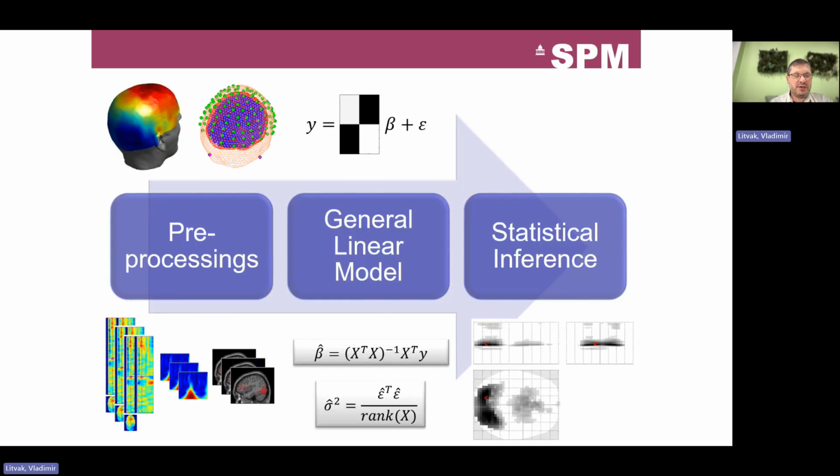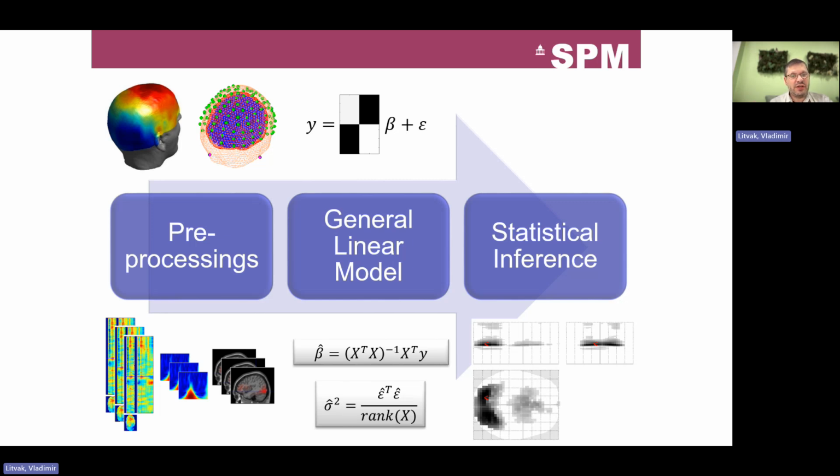In particular, EEG and MEG also fall under a special case of this framework, and that's what you will learn during the day today. The steps in SPM start with pre-processing, which is quite similar to what is implemented in other toolboxes, things like filtering, epoching, or re-referencing.